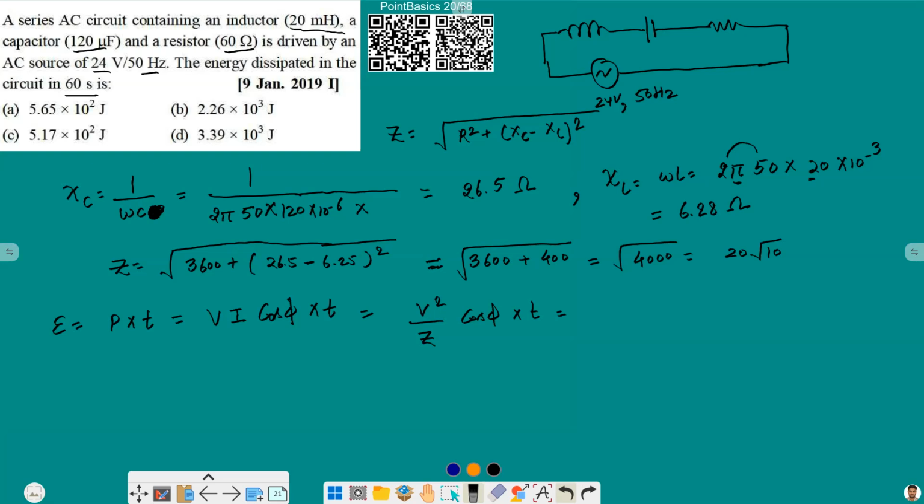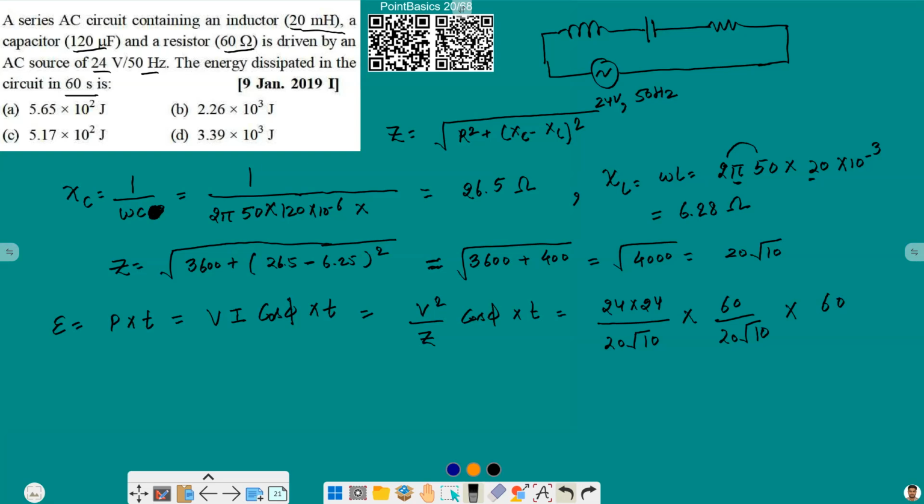So now V is 24, so 24 multiplied by 24. Now Z is 20 root 10. Cos of phi is R by Z, so R is 60 here, and 20 root 10, and time is, again, mentioned to be 60 seconds.